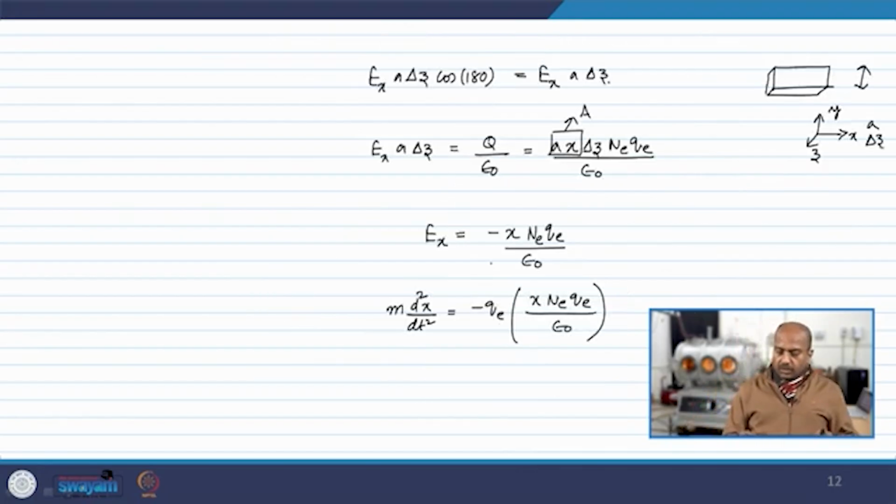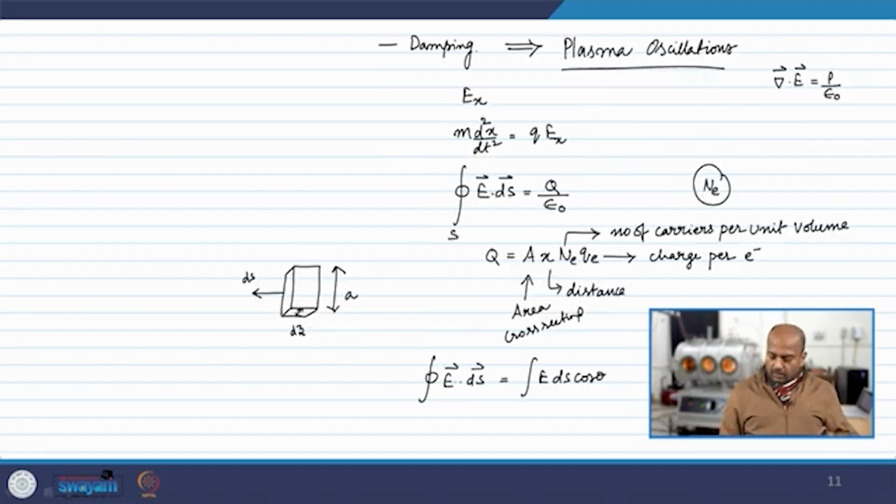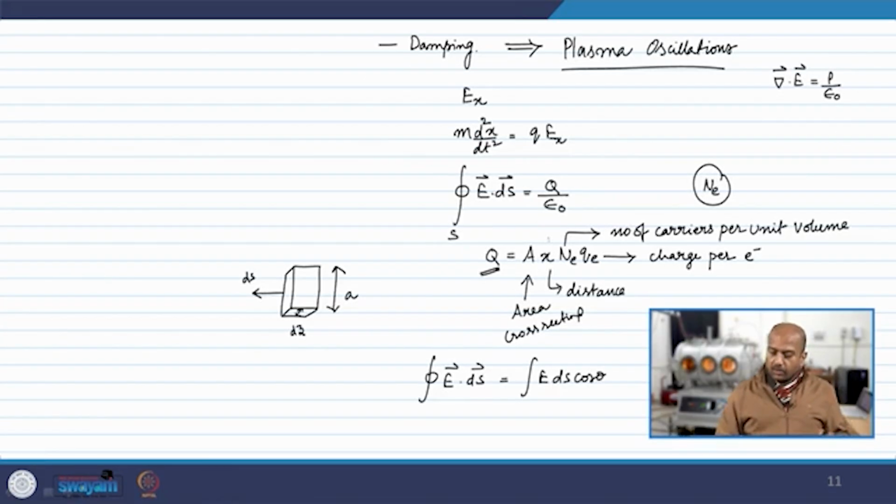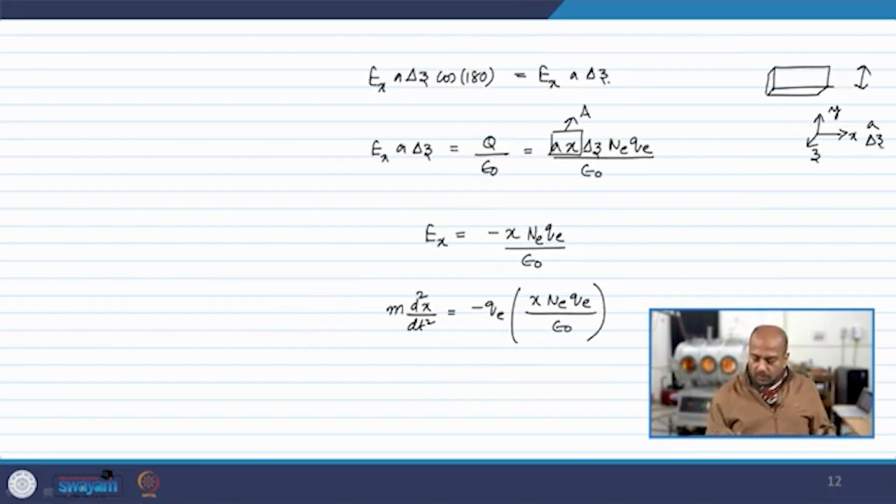That is what I have used here. The total charge is area times x times Ne Qe. So area has small a times delta z, and the other dimension is x. Since I have used x here, the area is now small a times delta z.